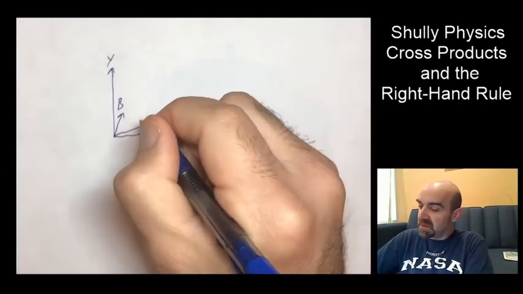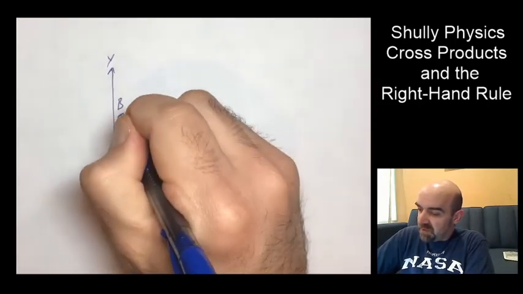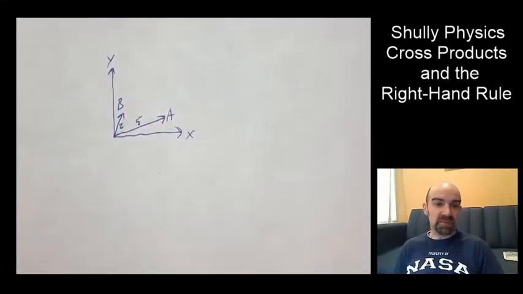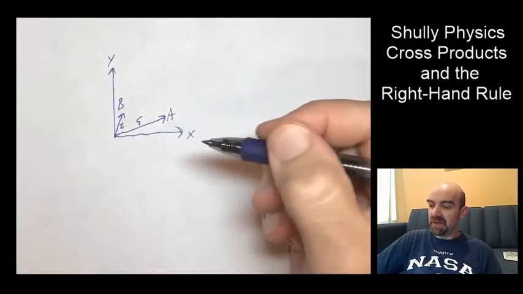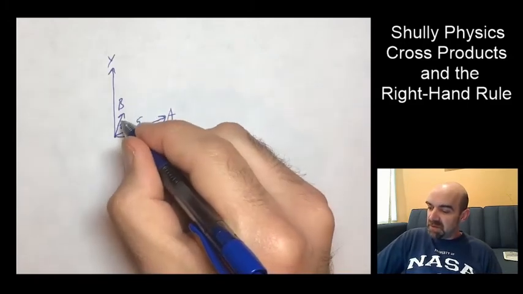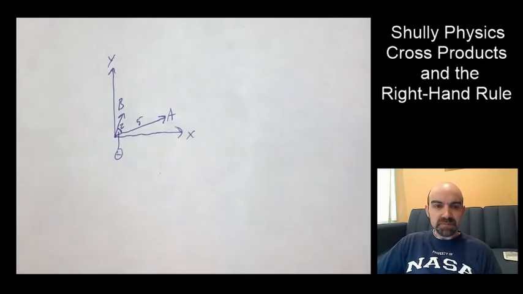They've got lengths. So let's say A has a magnitude of 5, and B has a magnitude of 2. Now I really haven't given anything else about this. We don't know how far this is stretching out or the angles, but there is, as you'll notice, a little angle between them. We'll call it theta.